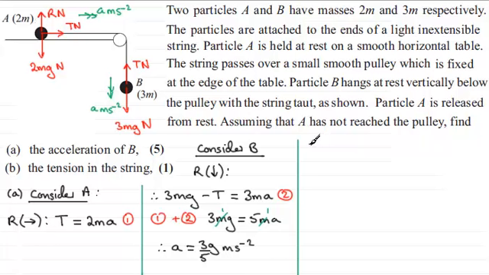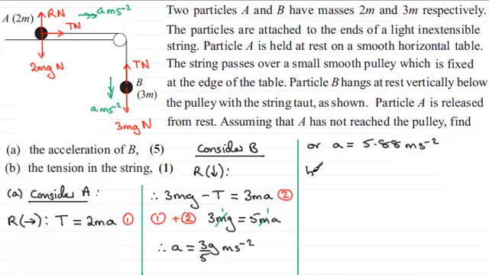So a equals 3 times 9.8 divided by 5, and you'll find that you get 5.88, measured in meters per second per second. Well, there's the acceleration then, and now we've got to get the tension in the string for 1 mark.